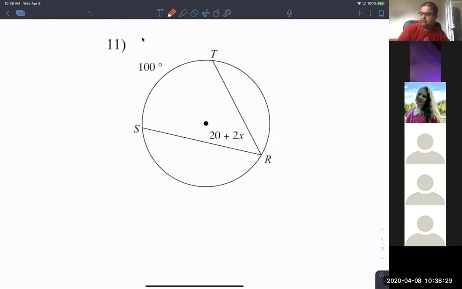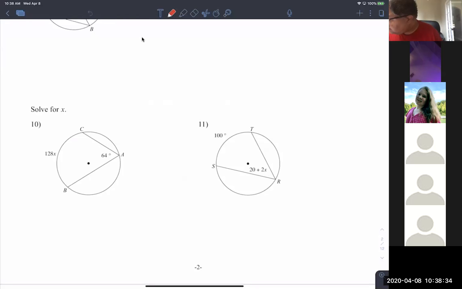What is x here? 15. How'd you get it? Half the arc is 50, and so you do 20 plus 2x equals 50.